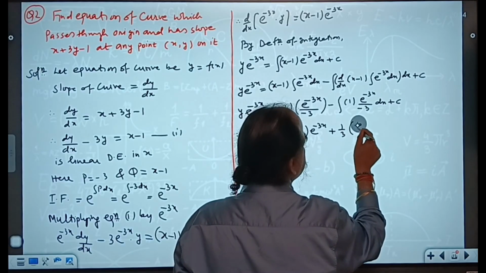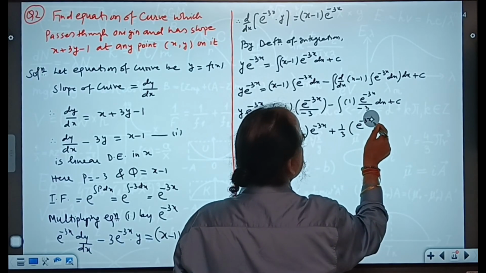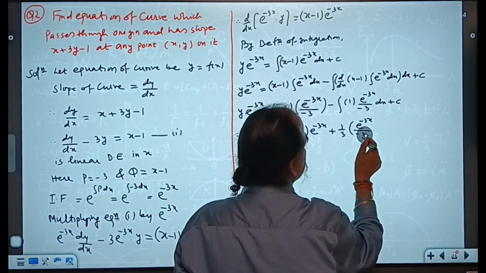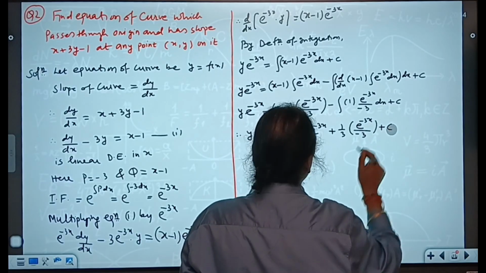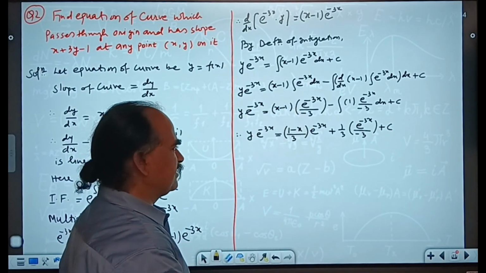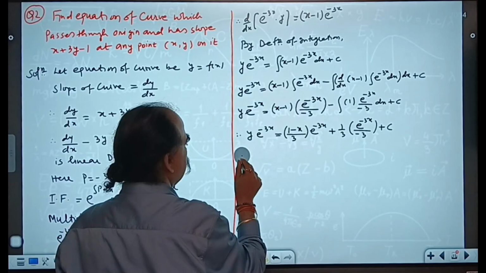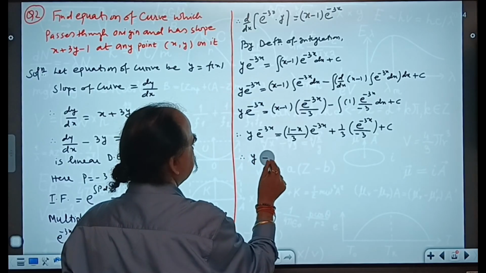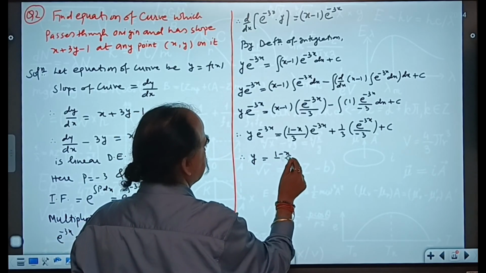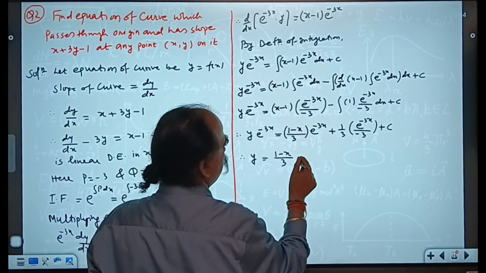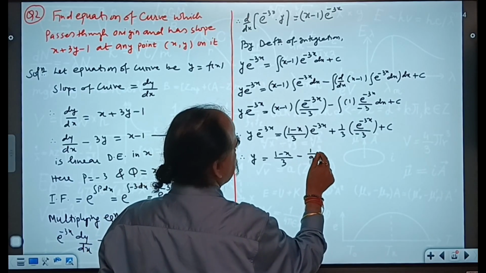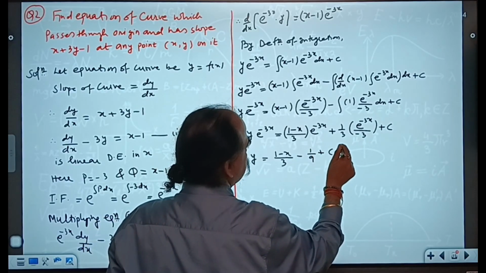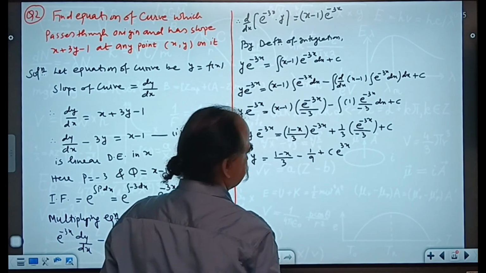Again, integral e raised to minus 3x is what? e raised to minus 3x. Divided by e raised to minus 3x will give you what? y is equal to 1 minus x upon 3 minus 1 by 9 plus c e raised to 3x.